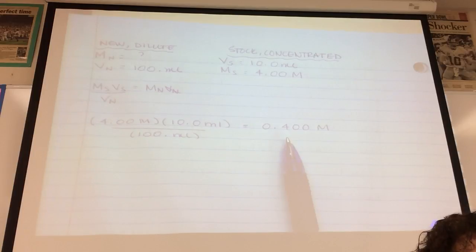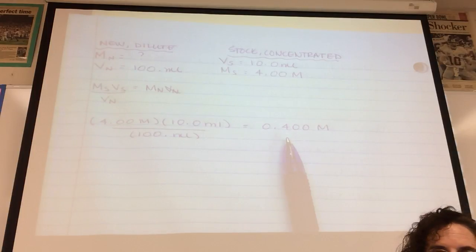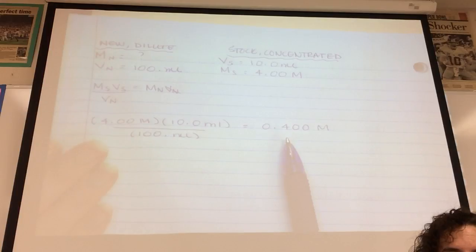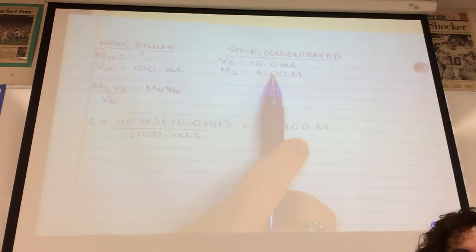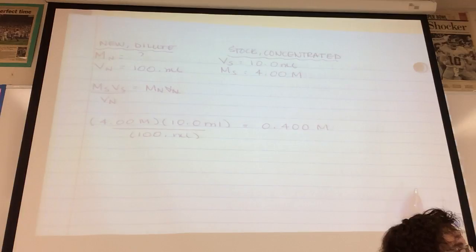Is the capital M the unit for concentration? Molarity, yes. Questions here? So the dilute solution must have a smaller concentration than the stock. Let's take a look at another example.